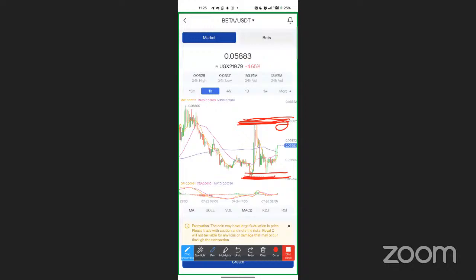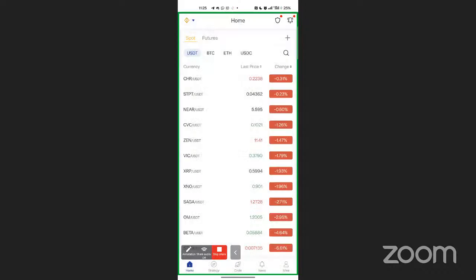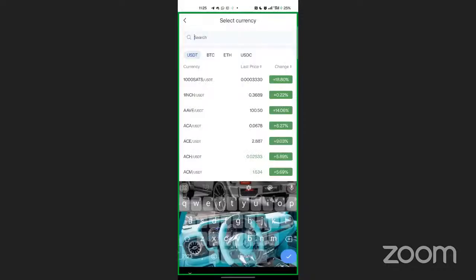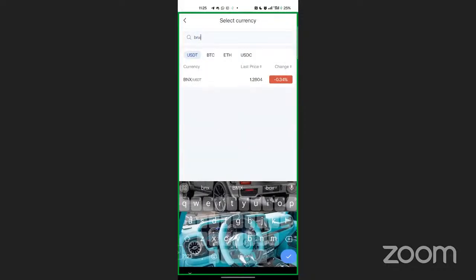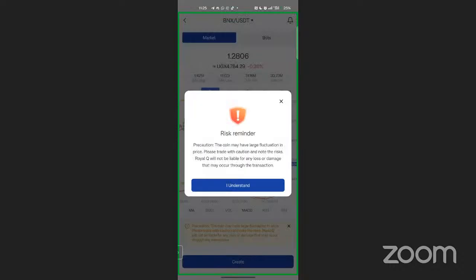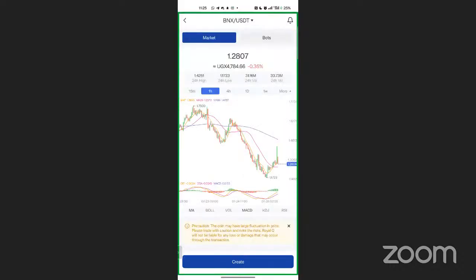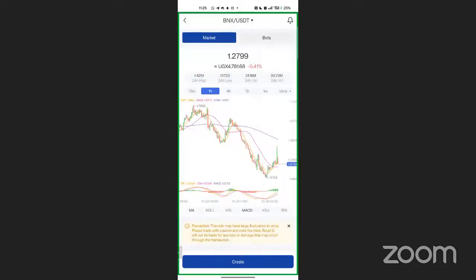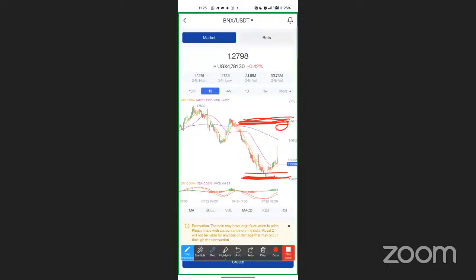For example, I'm trading this coin called BNX and I'm on floating loss. It is not yet clear. But my area of focus, if I look at it here in the 1 hour time frame, is that the market created supply, and now this is an area that needs to be filled by demand.